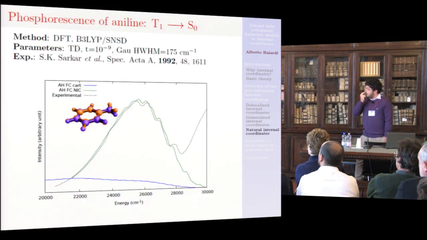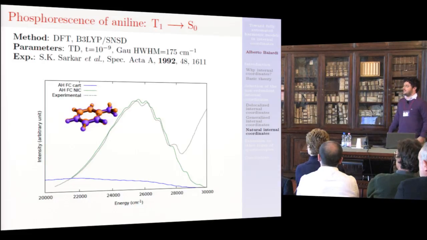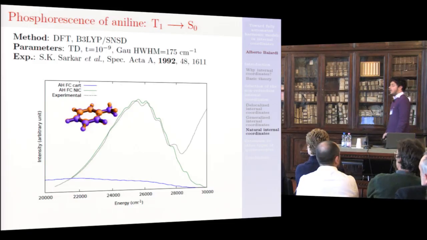And just to show you the reliability of this last set of internal coordinates, this is another case, the phosphorescence of aniline. Here the large amplitude motion is the NH2 motion, because the NH2 group is planar only in the triplet state, but is pyramidal in the singlet state. So if you try to compute the phosphorescence spectrum at the Cartesian level, you get a huge vibronic progression.